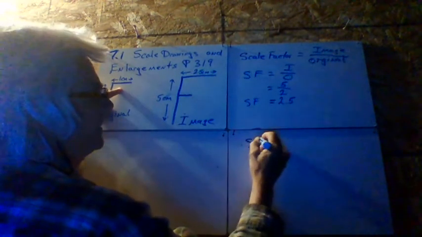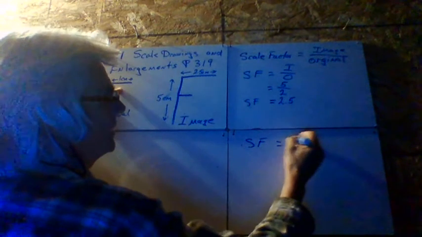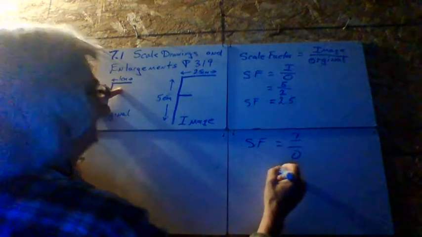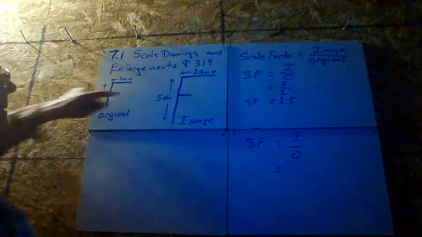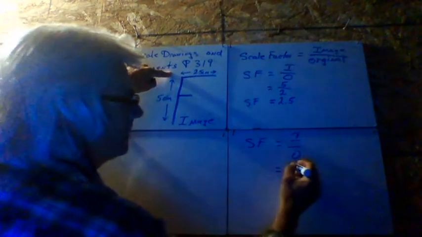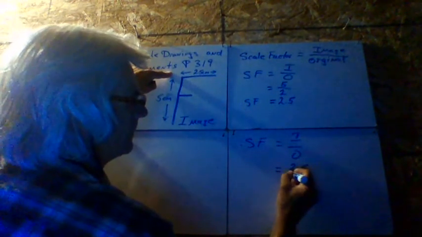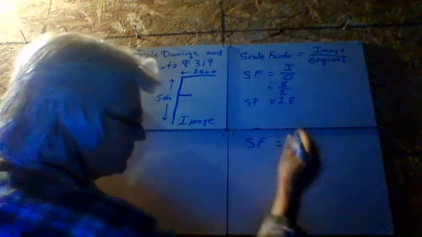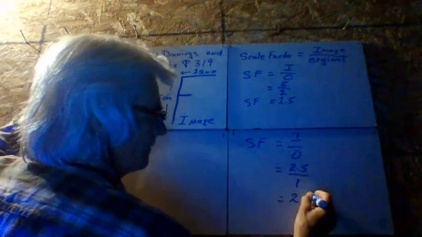So I would go scale factor equals I over O. Here my image is 2.5, and over here in my original it's 1. Of course, 2.5 divided by 1 is 2.5.